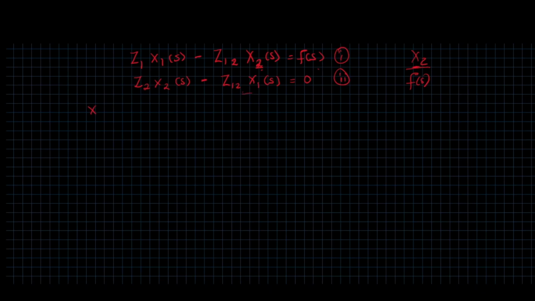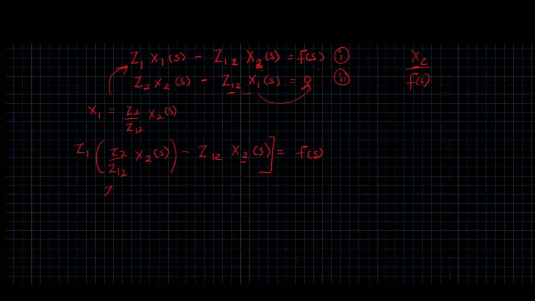So from here, if you make X1 the subject of the formula, it equals Z2 over Z12 X2 S. Basically, if you take this to this side, then you divide both sides by Z12, you get this answer. Now substitute into this, you're going to have Z1 Z2 over Z12 X2 S minus Z12 X2 S equals F of S. So we're getting exactly what we want. Now we have only X2 and F of S in the equation.